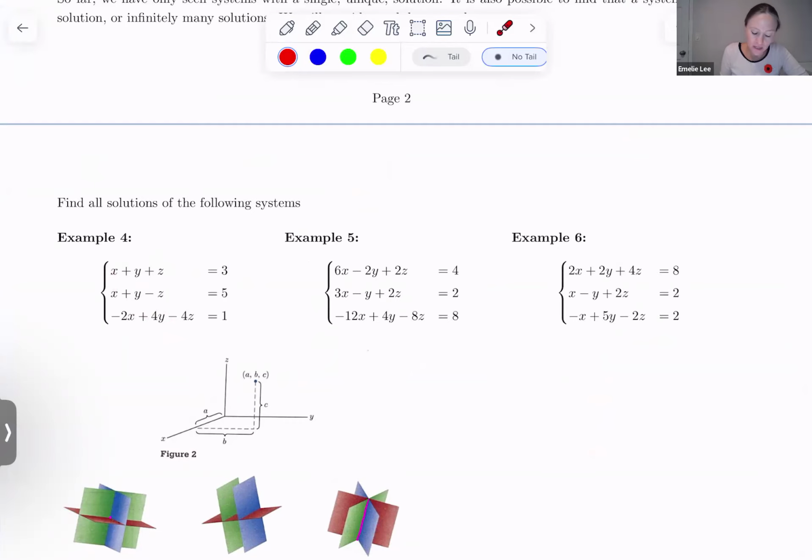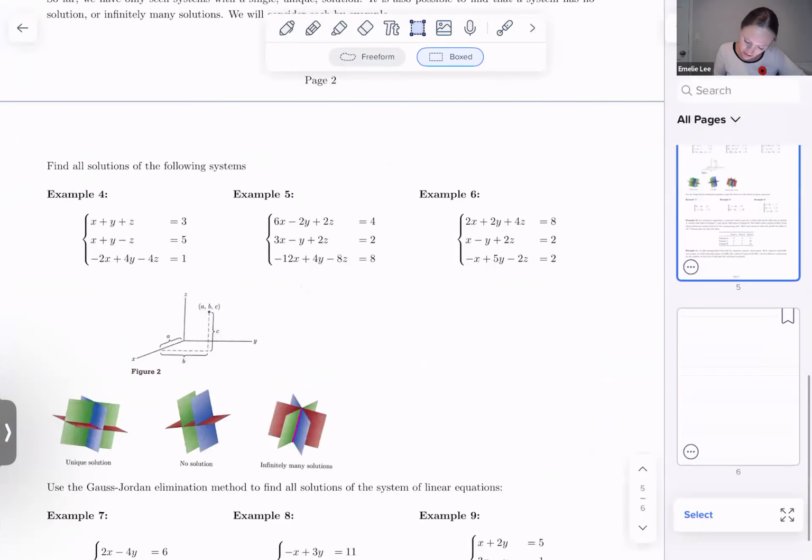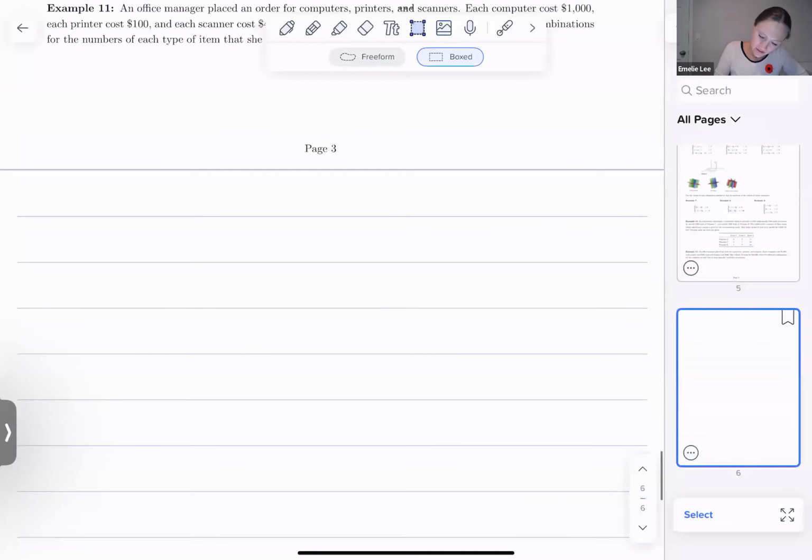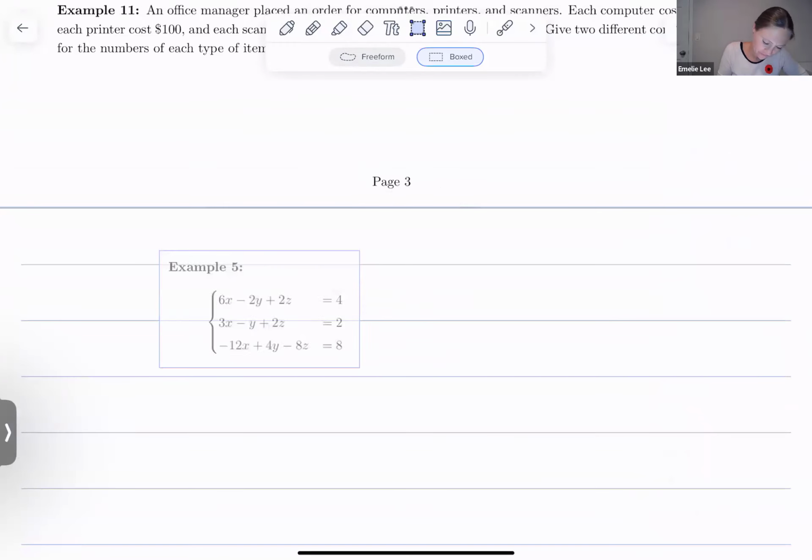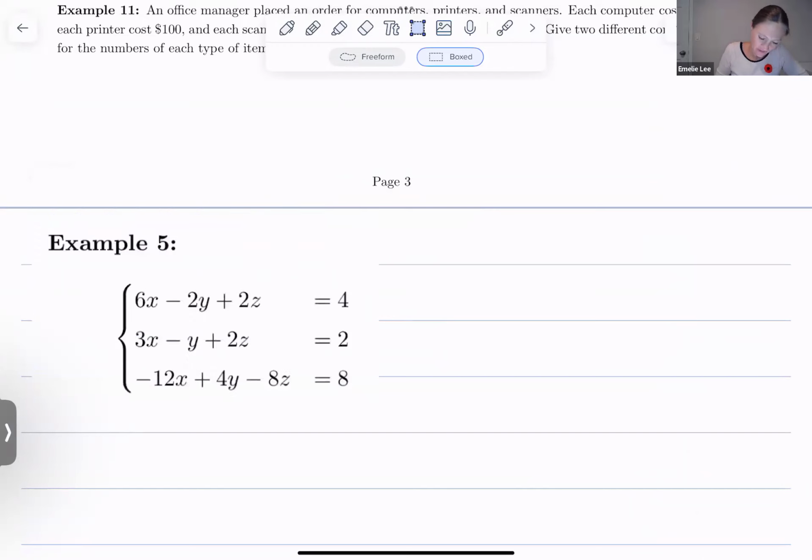I'll leave space, but how about we jump straight into one where there are no solutions. I'm telling you there are no solutions, but we have to figure out what that looks like in terms of, okay, when I'm solving this thing, what am I going to run into? So we solve it the same way. Let's get to it.